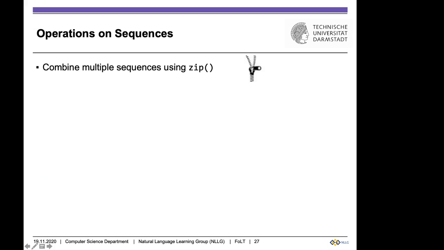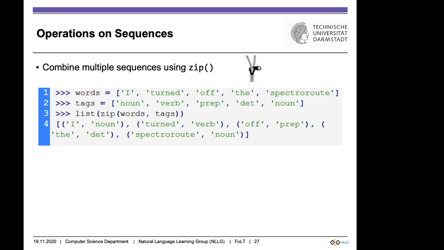Now we are looking at how to access multiple sequences at the same time. For example, we have a list of words and also a list of part-of-speech tags, and using the zip function, we can iterate over every element in both lists at the same time.